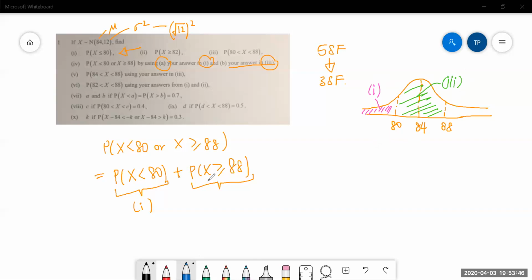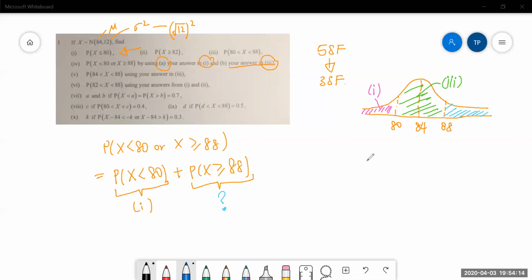So now what I want to find is the blue color portion, the probability that x is greater than 88. How do I find that? We can divide part 3 by 2 and do 0.5 minus it.